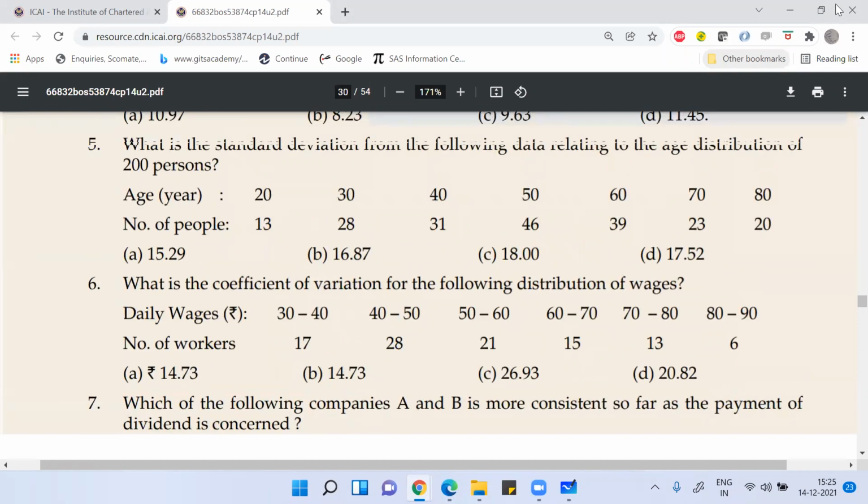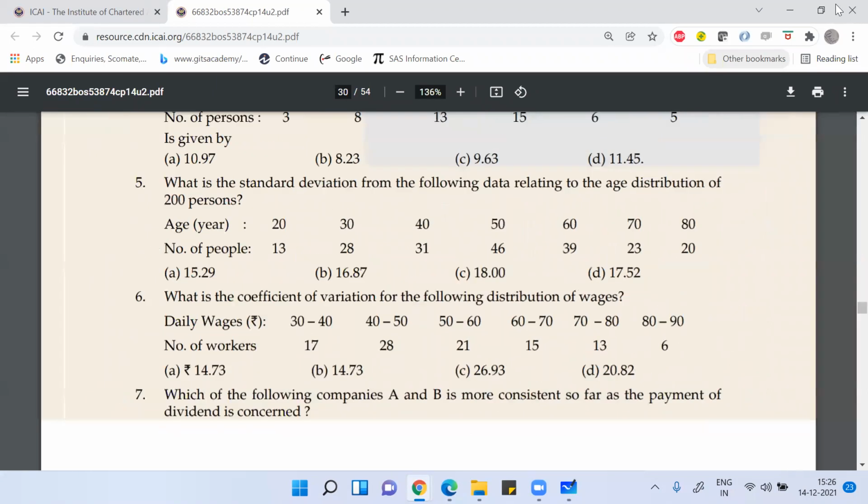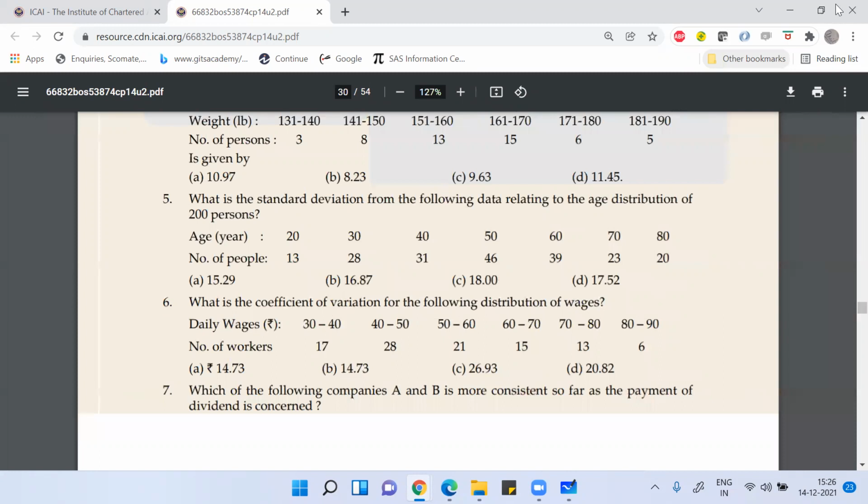Do this question, fifth and sixth. Coefficient of variation means standard deviation by mean into 100. Any doubt, anyone? Can you do this fifth and sixth one? You want to try this question? Question number 5, question number 6.